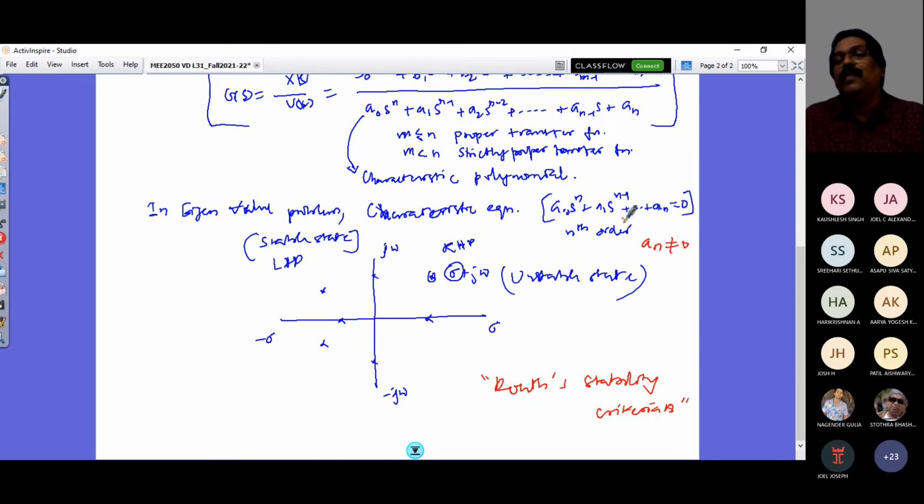So how do you predict that without finding roots of this polynomial is what is proposed by Routh stability criterion. So we will understand that and then look at our bicycle model, which is a second order system only, and that simple model, not an nth order system. And then we will talk more on this stability in the next class.